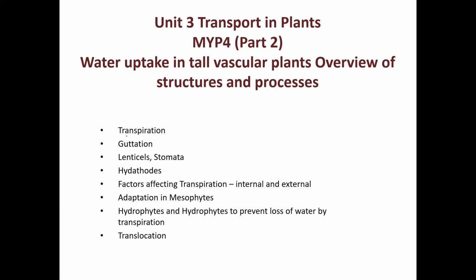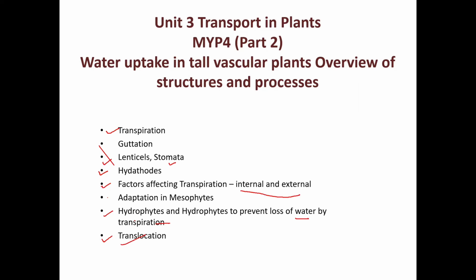Topics discussed: transpiration, guttation, structure of the lenticels and stomata, what are hydathodes, factors affecting transpiration, internal plus external, adaptations in mesophytes, hydrophytes, and xerophytes to prevent loss of water by transpiration, and the last one is translocation.